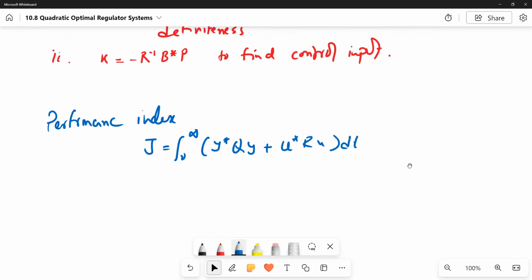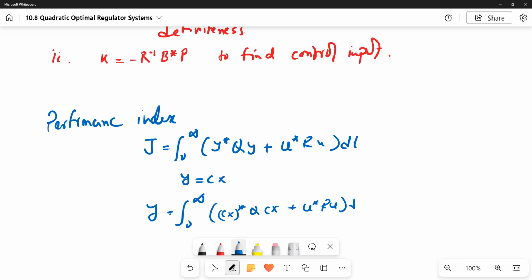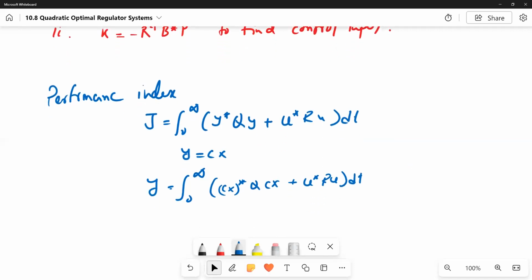In that case, you simply have to replace y equal to Cx, so ultimately J will be the integral from 0 to infinity of (Cx) star Q Cx plus u star R u dt. The rest of the problem is as before, so we don't have to discuss much about it.